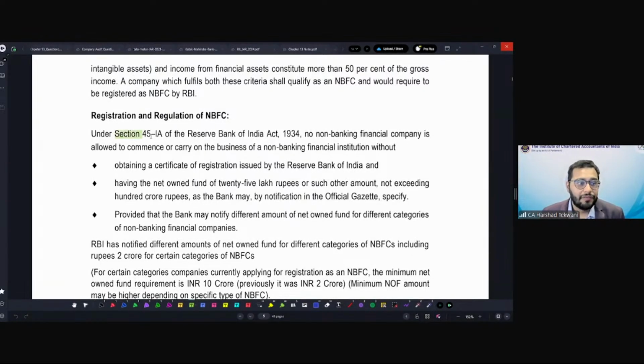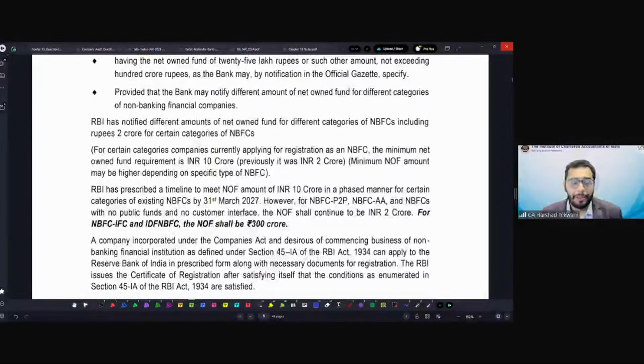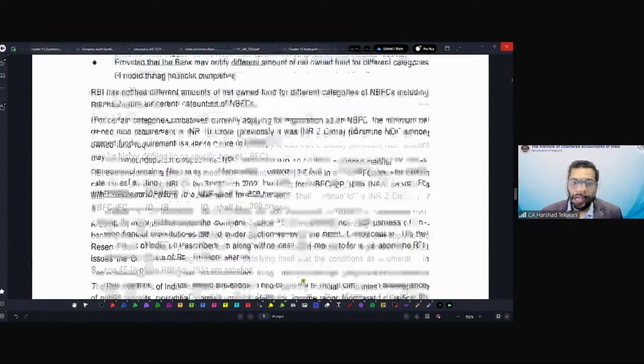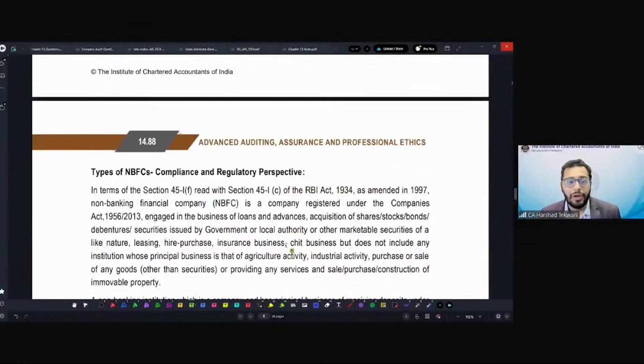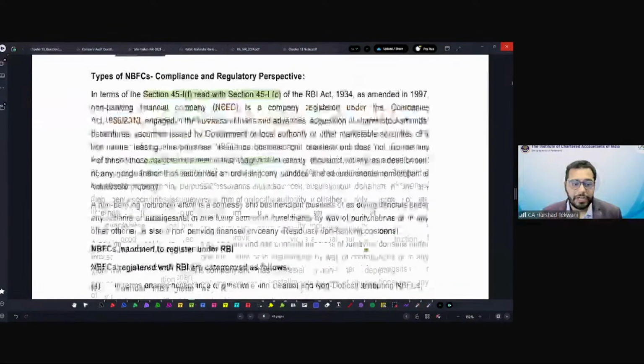We discussed Section 45 IA of the RBI Act, where we covered net owned funds. We also discussed the definition of NBFC under Section 45 I, subsection A, and how to calculate owned funds for an NBFC, that is, the formula to calculate owned funds.